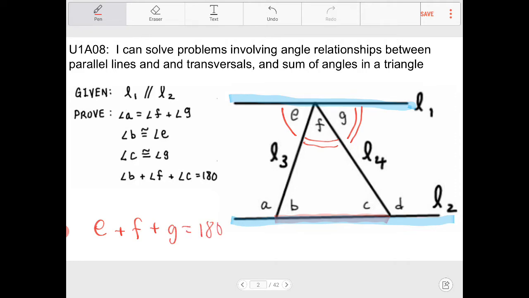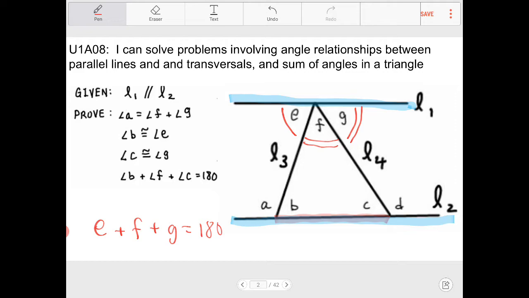And if you're wondering why, well, that's because E, F, and G are not quite a pair; they're a trio. But we classify them as a linear pair. It's the same kind of situation. All three angles add up to 180 because all three angles form a straight line. If ever you have angles coming together and they form a straight line, we refer to them as a linear pair, or in this case, a linear trio.